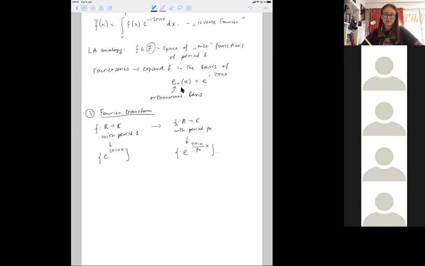Okay, and now let us consider what happens if the function f is not periodic.